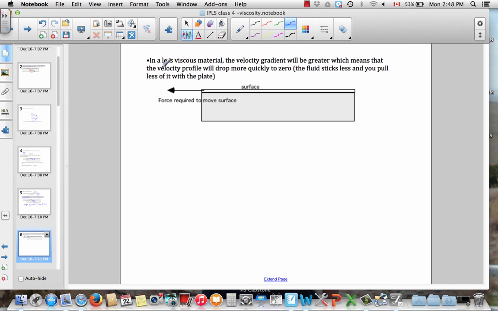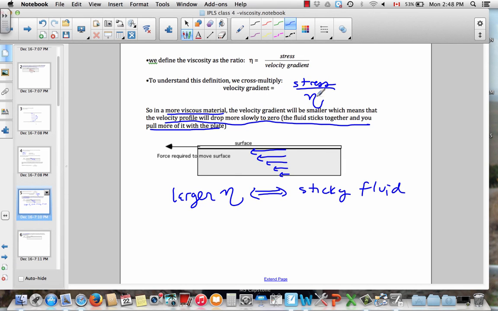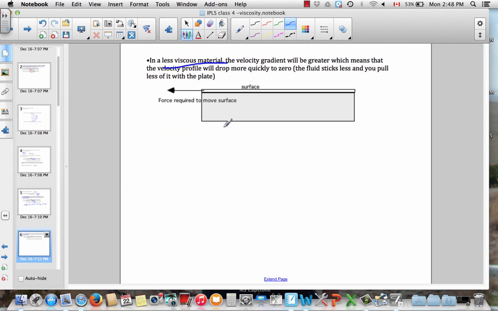By the same token, in a less viscous material, if the viscosity coefficient is smaller, then our ratio, if the viscosity is smaller, our velocity gradient is very big. And a very big gradient just means one that drops very quickly to zero.